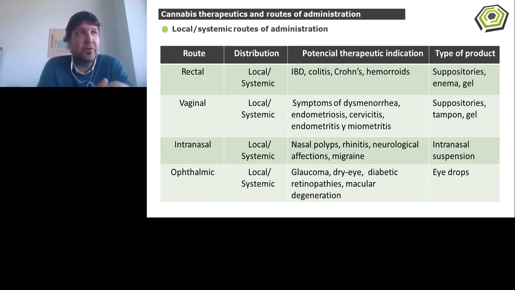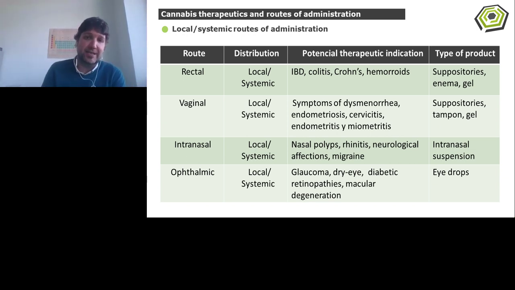So all these mucosas will allow THC and CBD to get to the blood, but will also have a local effect. Rectally, we could think of inflammatory bowel diseases, patients that might have pain or inflammation located in a particular organ or area of the body.